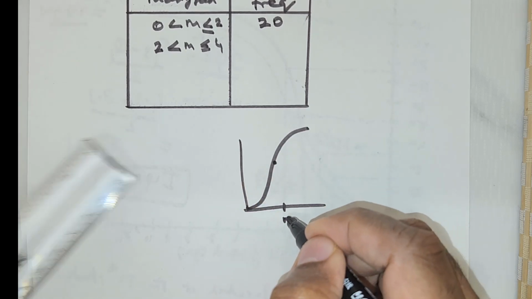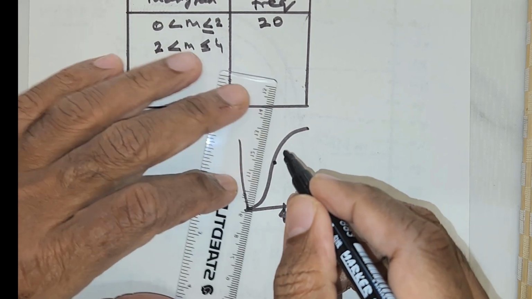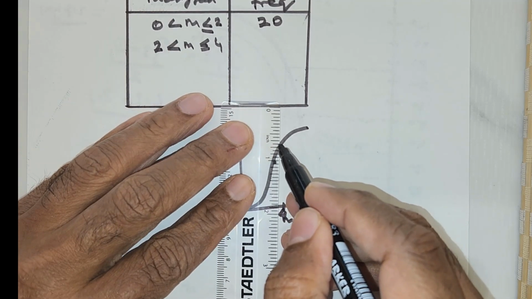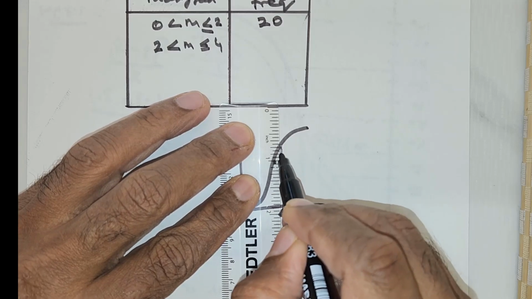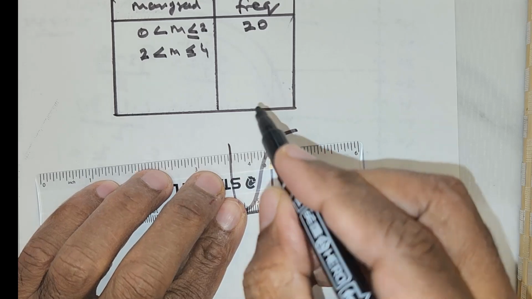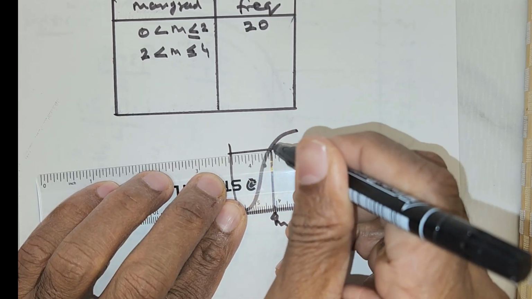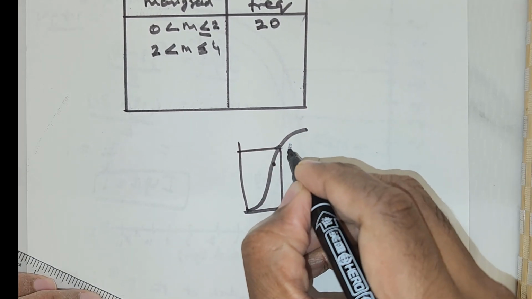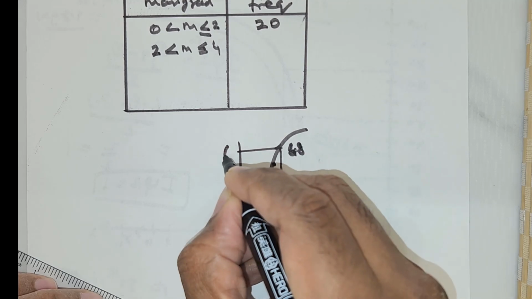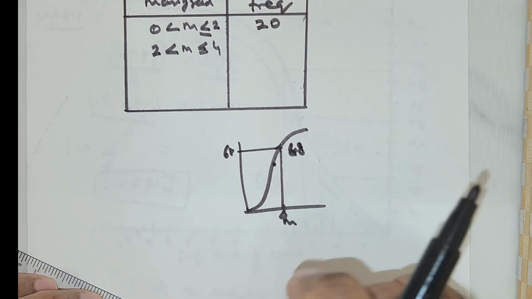Draw the line, say mass is equal to 4, place your ruler and locate the value that you see here. This value on your chart corresponds to 68. So 68 will be the number of students.